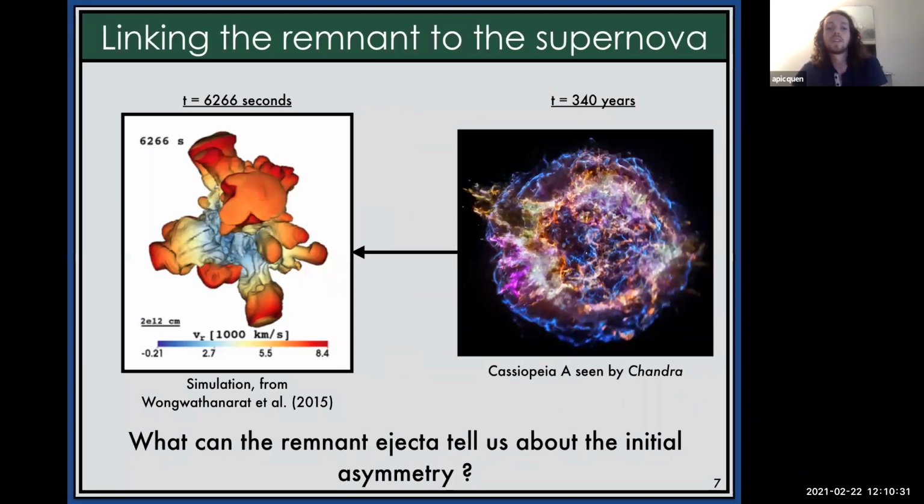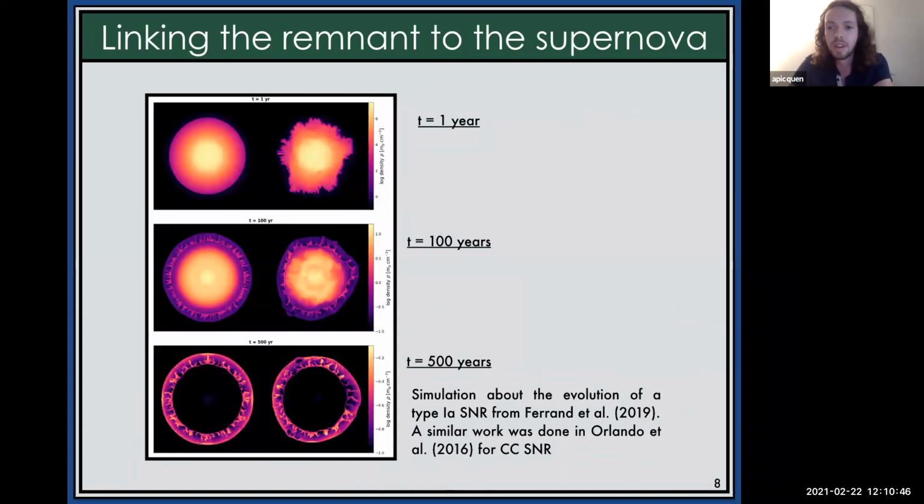And there is a major issue, which is being able to trace back clues about the explosion in the remnants that we can see nowadays, in order to constrain the mechanism of the explosion itself. For example, this is the case with asymmetries. Some recent simulations have shown that even after centuries, we can still see traces of asymmetries in the remnants.